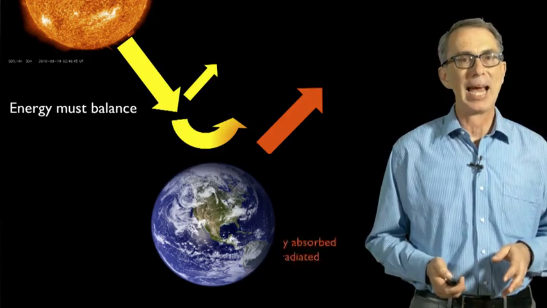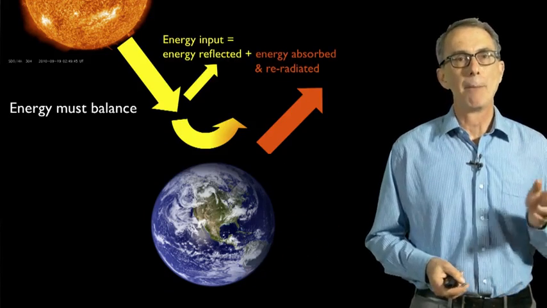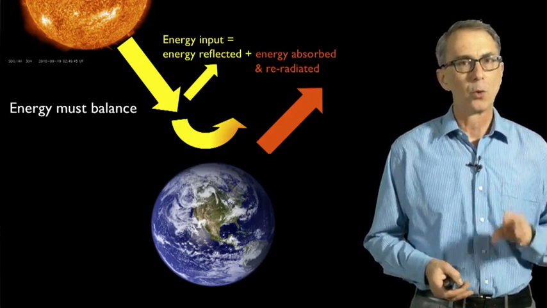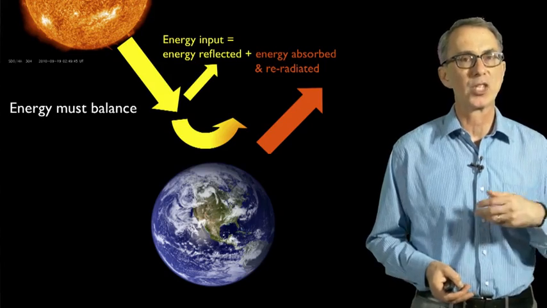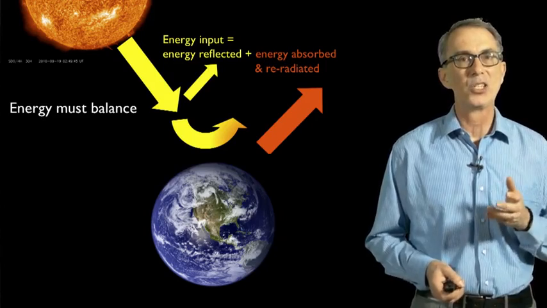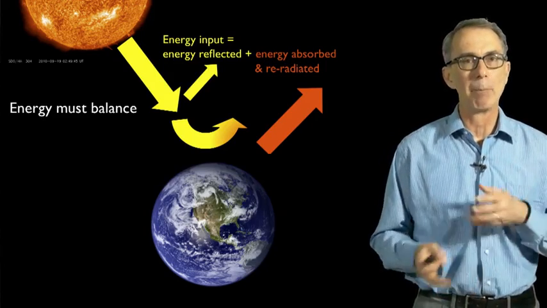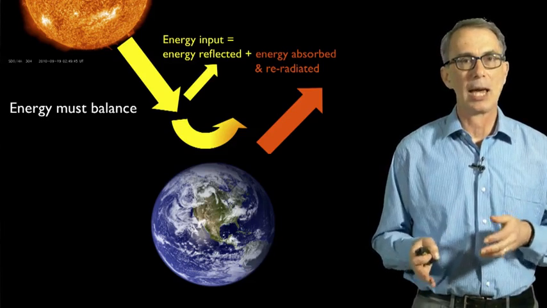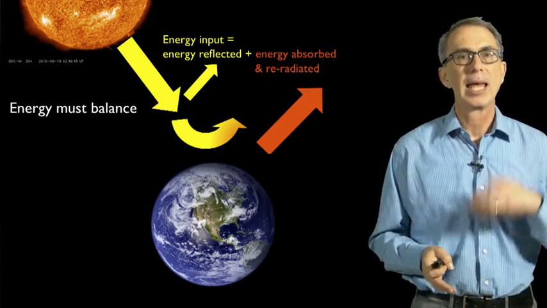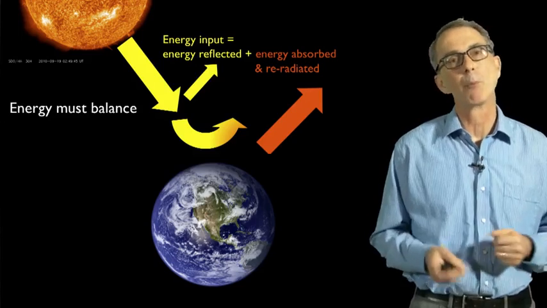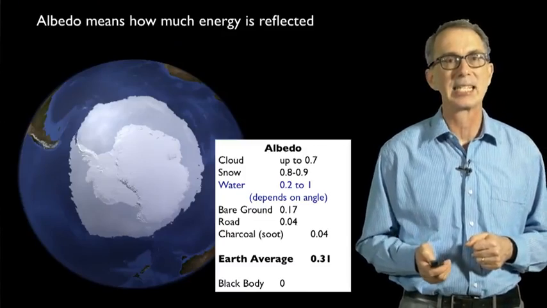And there's going to be a balance between the amount of energy that's absorbed, or the difference between the energy received from the Sun and how much is reflected, and the energy that is essentially re-radiated. And that balance between the energy reflected plus the energy absorbed is got to be equal to the energy that's input, and that will end up with a temperature balance in this system.